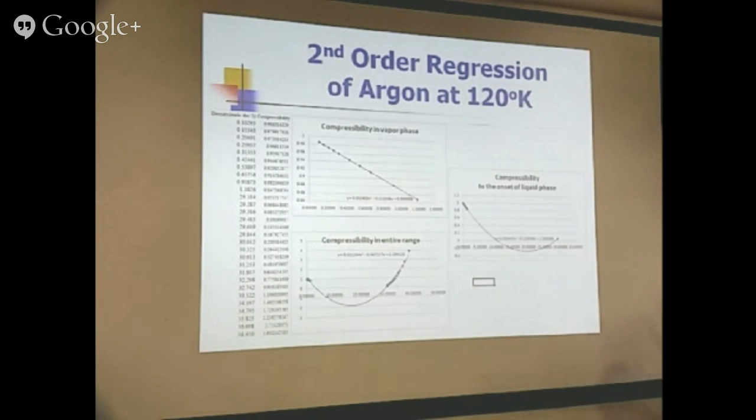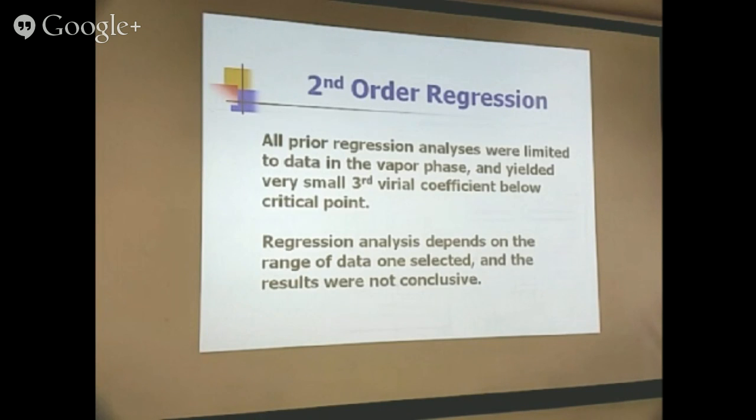But if I pick only one, I got this equation. What about if I pick 2 or 3? You can cheat very easily. So with this second order regression analysis, you can tell lies, and it's not objective. The regression analysis depends on the range of data selected, and the results were not conclusive.